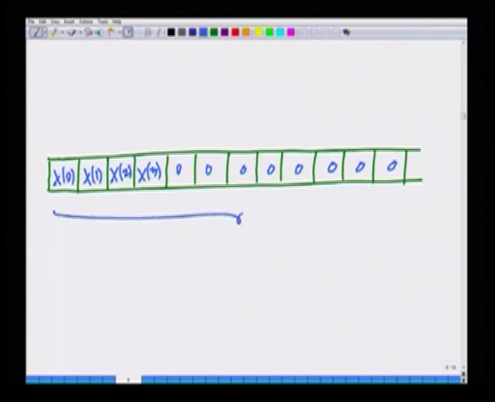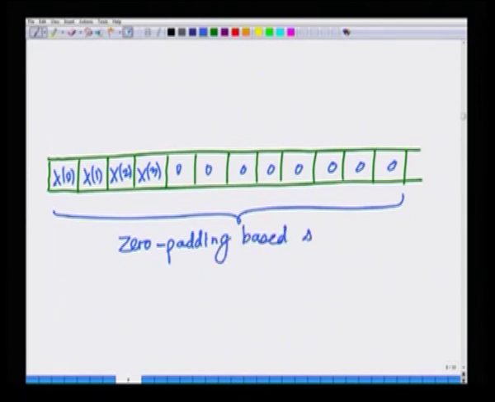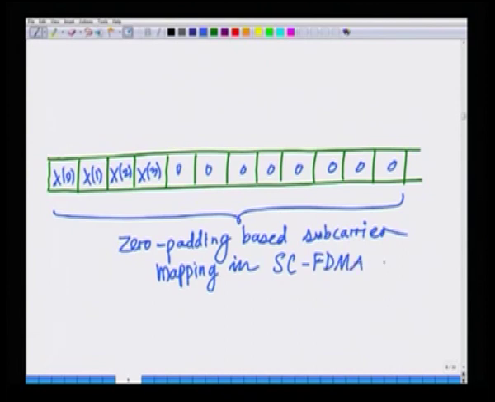This is essentially zero padding based subcarrier mapping in SC FDMA, and this in fact is known as LFDMA.